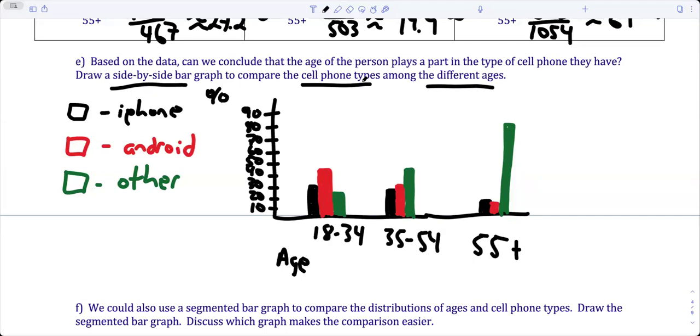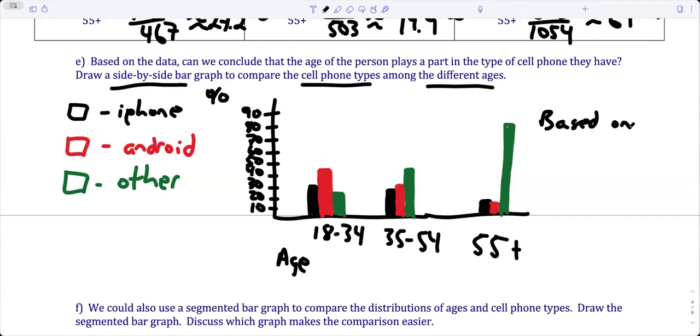Let's answer the question that he asked. It says draw a side-by-side bar graph to compare the cell phone types among the different ages. And then it says, based on the data, can we conclude that the age of the person plays a part in the type of cell phone that they have? Here's what I said.